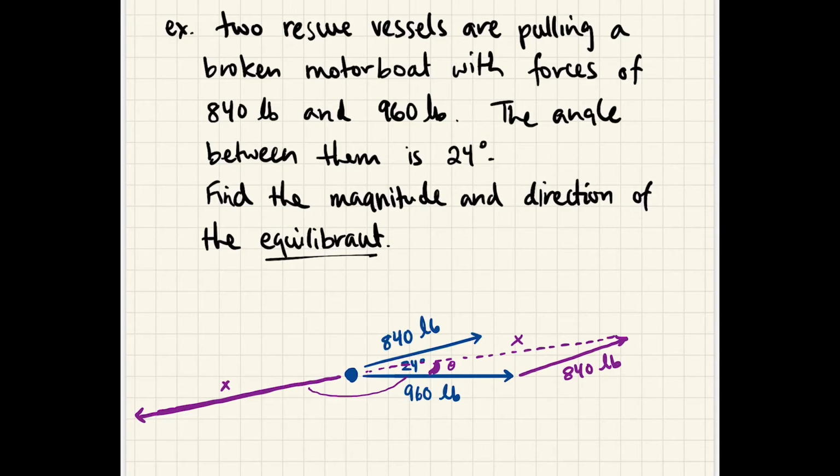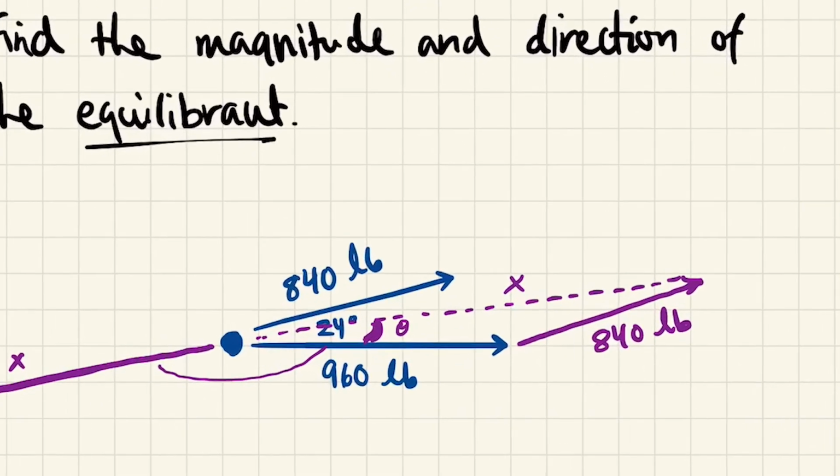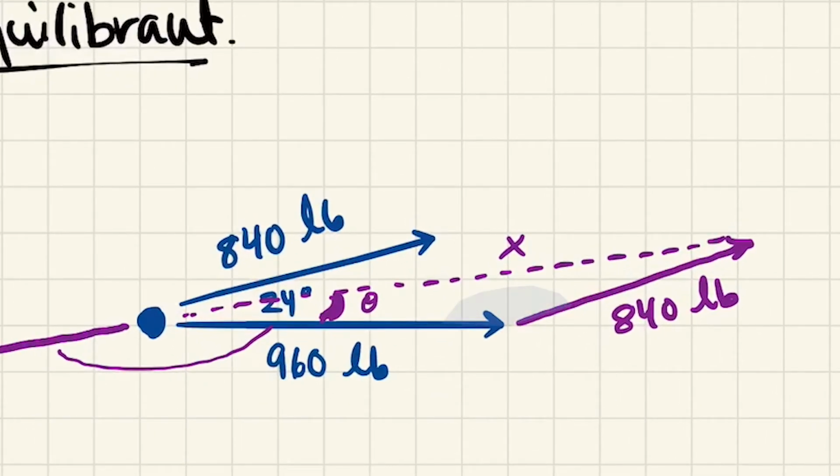Okay. All right, so we need to solve this triangle here, and of course we're going to need an angle, and we haven't factored in this 24 degrees yet. But based on the same reasoning as last time, we know that this angle right here is the supplement to 24 degrees. So that angle is going to be 180 degrees minus 24 degrees, which is 156 degrees.